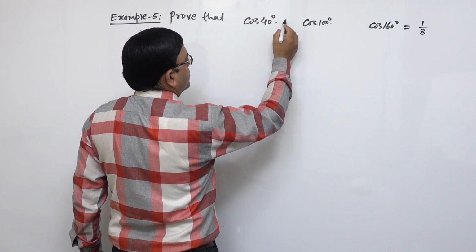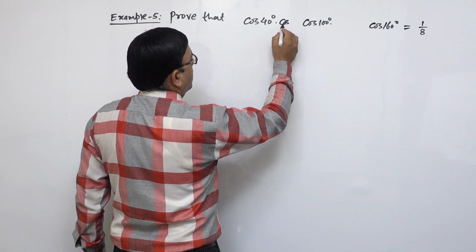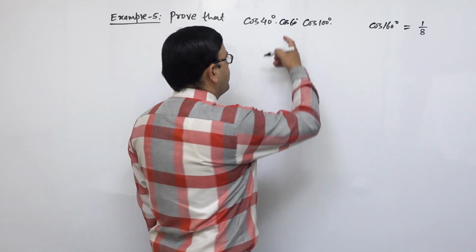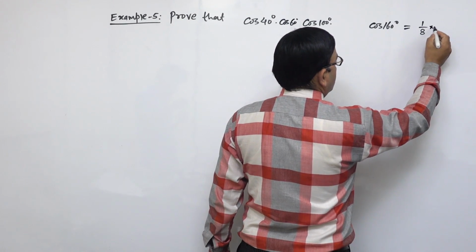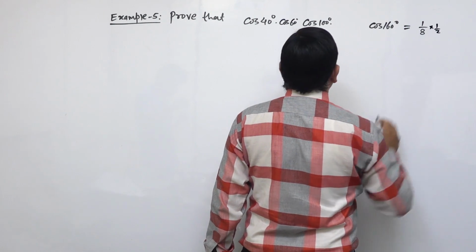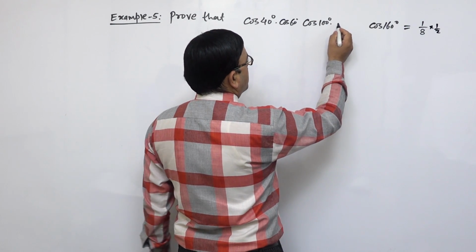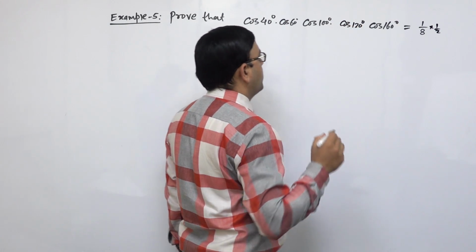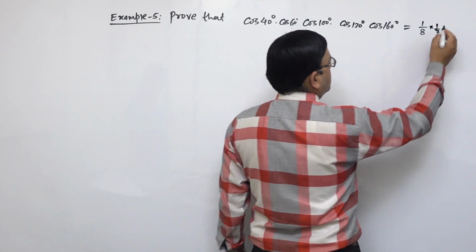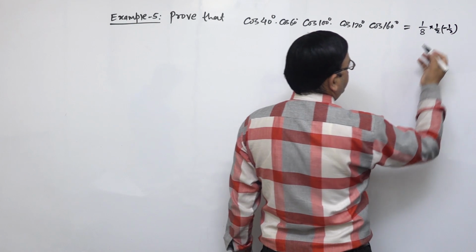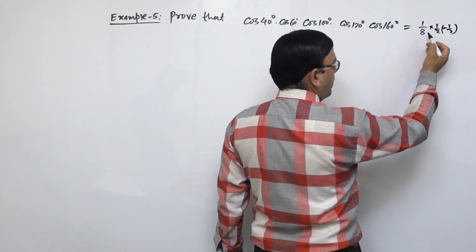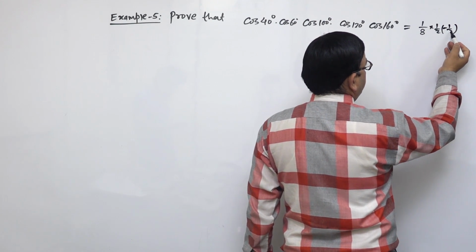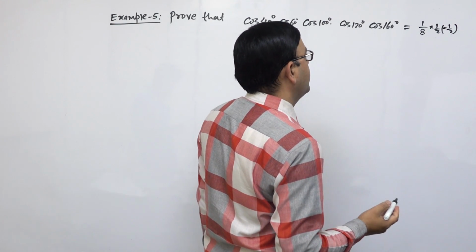Suppose we add cos 60 degrees. You know the value of cos 60 degrees is 1 by 2. Similarly, you can add another one, cos 120 degrees. The value of cos 120 degrees is minus 1 by 2. If you multiply these all, then minus 1 by 8 times 2 is 16, 16 times 2 is 32.